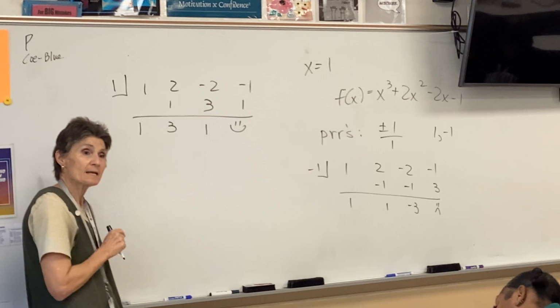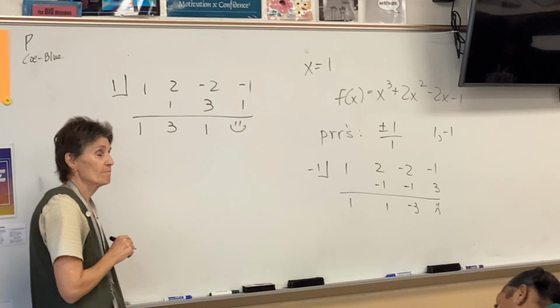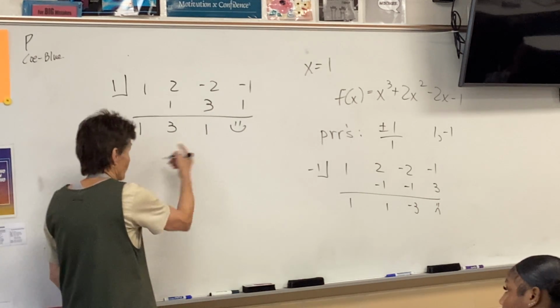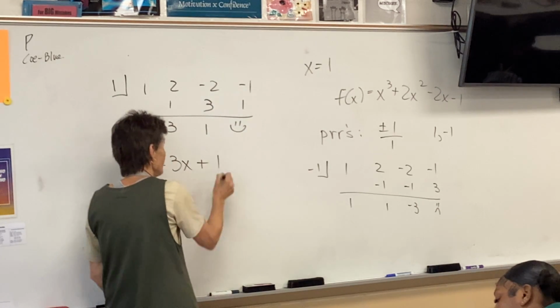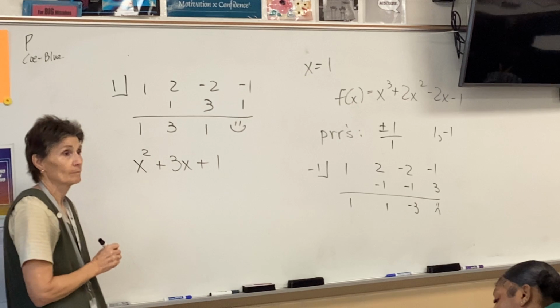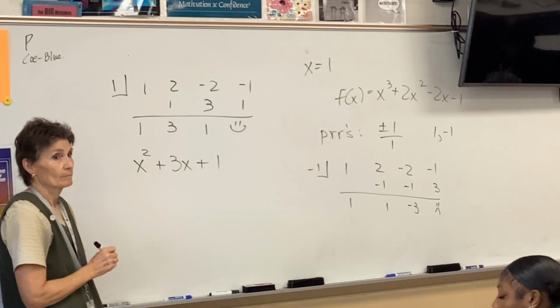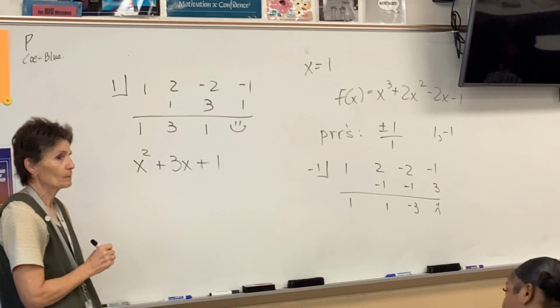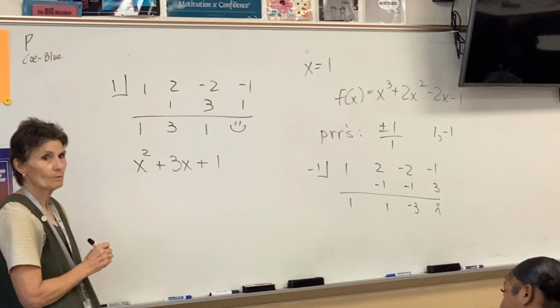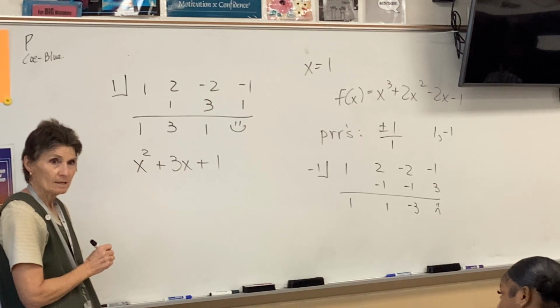All right, what happens now? Factor. Well, first of all, let's write this thing. X squared plus 3x plus 1. Someone said factor. I would love to factor, but I don't think it does. So what do I do?